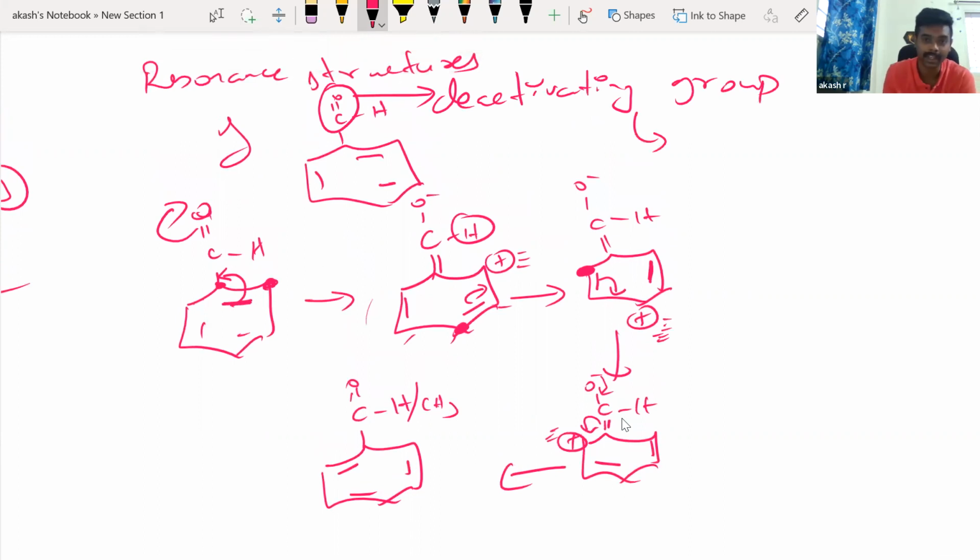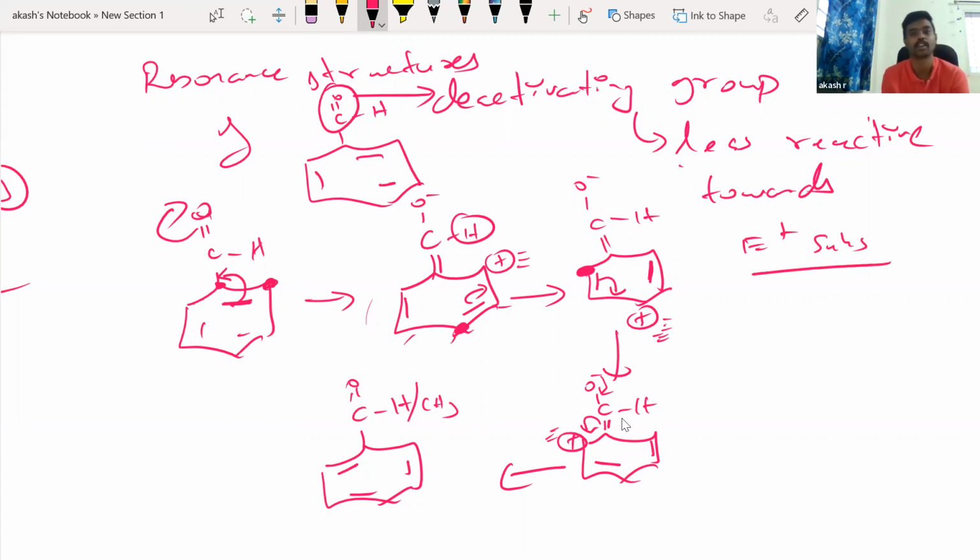What do you mean by deactivating? It is less reactive towards electrophilic substitution reaction. That is what you have to understand. They are less reactive, not like phenol. Phenol is a very highly activating group, because when you look at the resonance of phenol, you will form negative charges in the benzene ring.